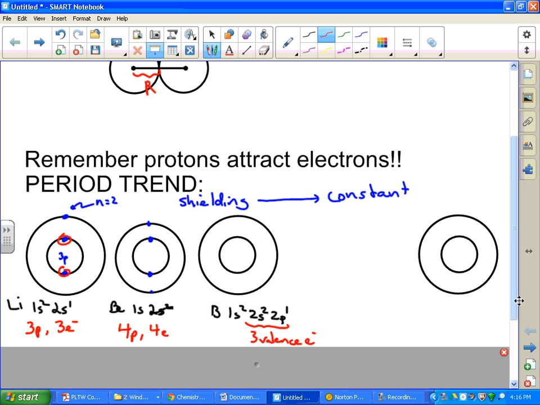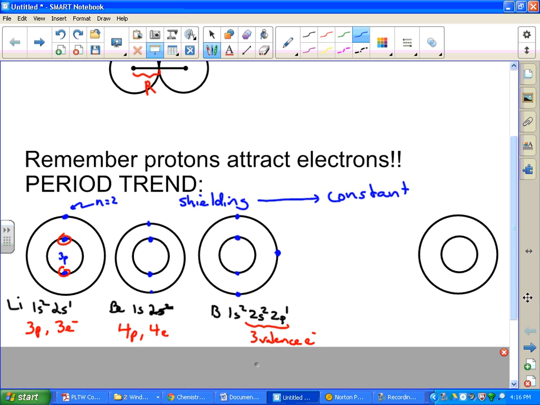In this case, we've got 2 inner core electrons, and so shielding is the same as before. And now we've got 3 valence electrons here: 1, 2, 3.